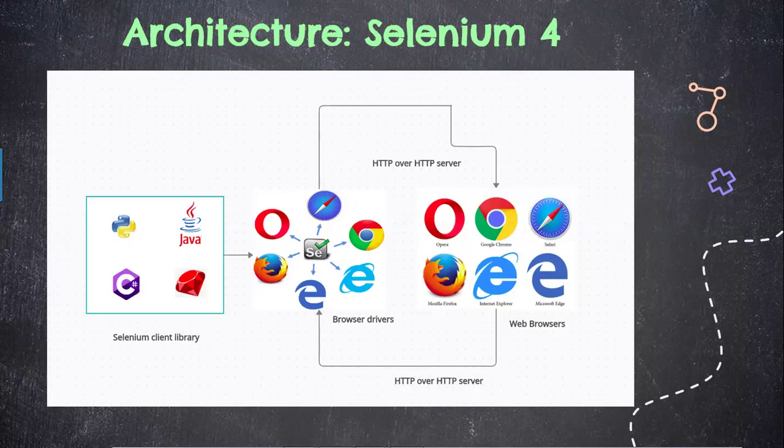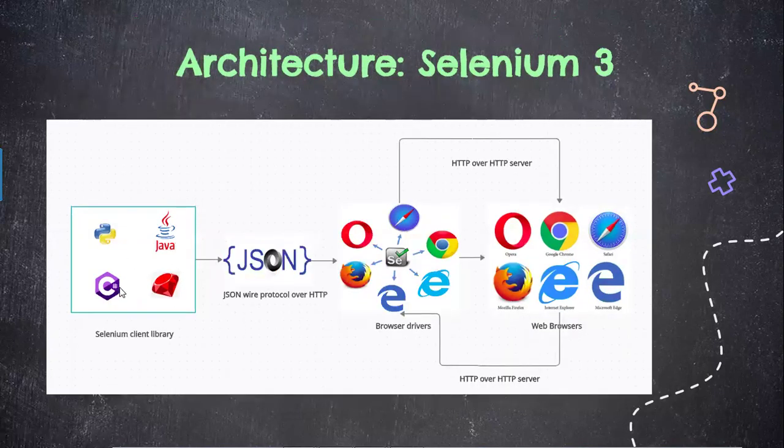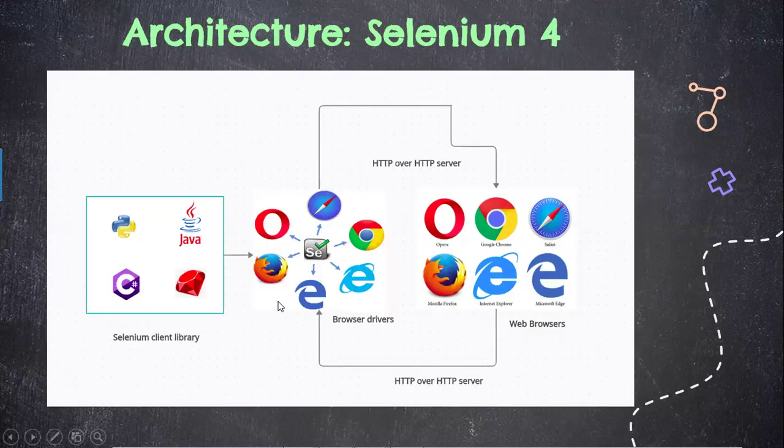If you download Selenium 4 directly, there is no need to write System.setProperty with key and value. I will tell you how we can launch the browser and all those things, so don't worry about that. But the main difference is that in Selenium 3 we communicate with the browsers by using the JSON wire protocol, but in Selenium 4 there is no JSON wire protocol.